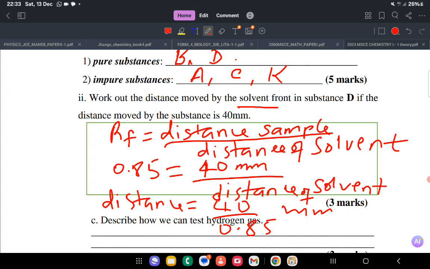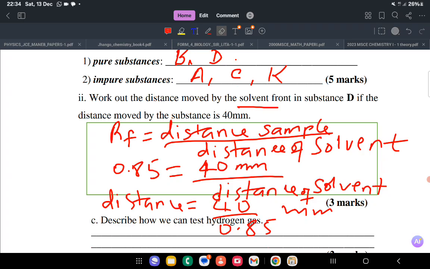The basis is the formula definition of relative flow value, which is distance moved by sample divided by distance moved by the solvent, called the solvent front. We are told the relative flow value for sample D is 0.85.